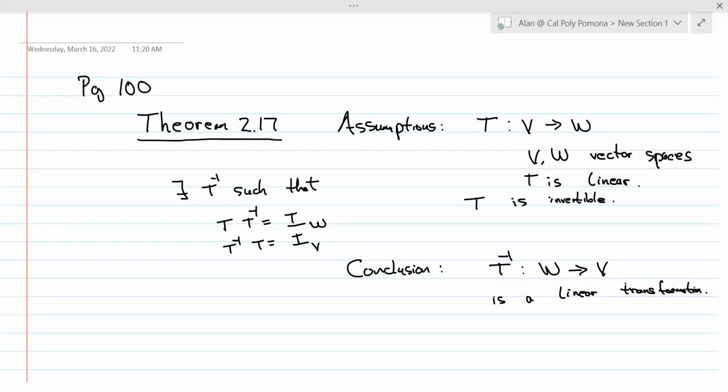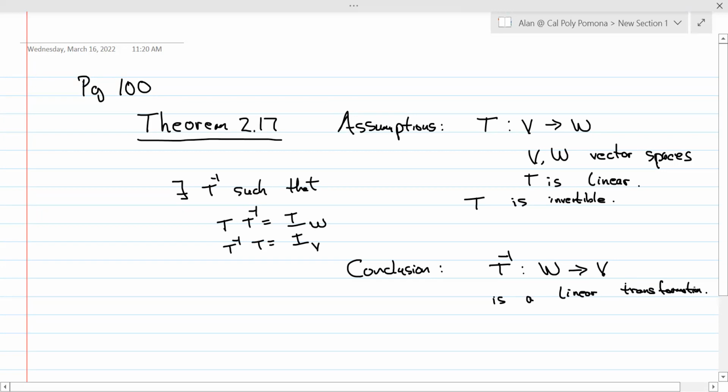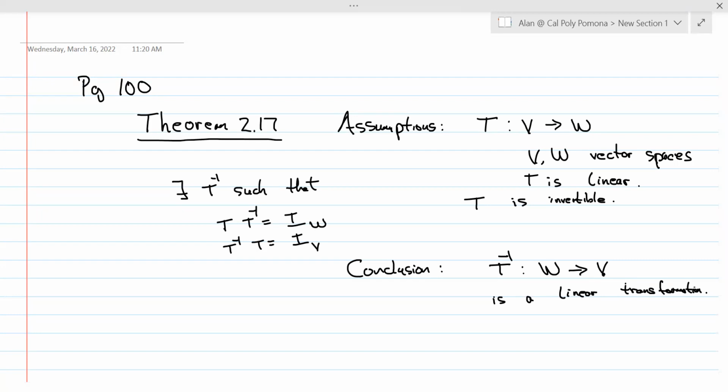You might say, well, that seems sort of reasonable. If T itself is linear, why wouldn't its inverse be linear? But if you think a little further, you'll realize that you're making an assumption by that. Something could have an inverse without it being a linear transformation.